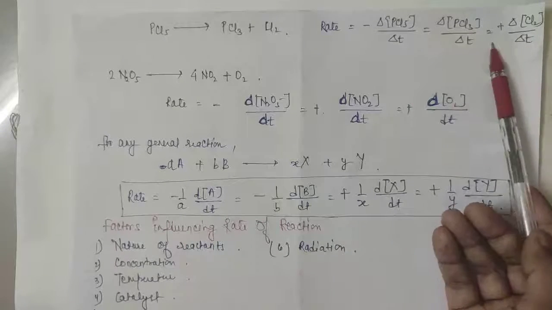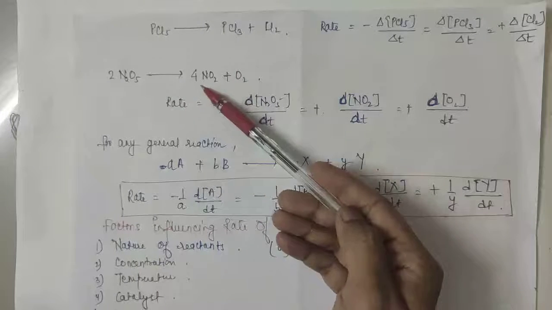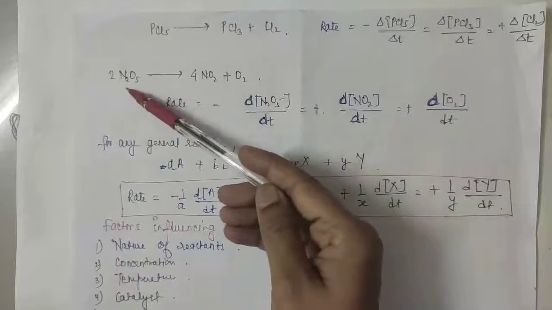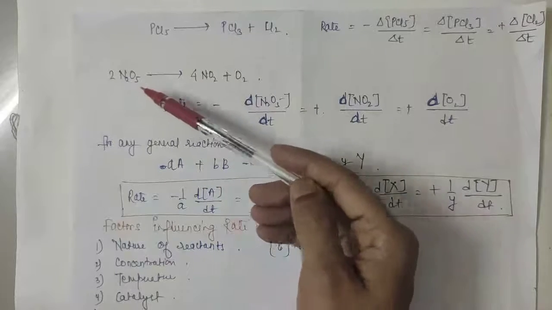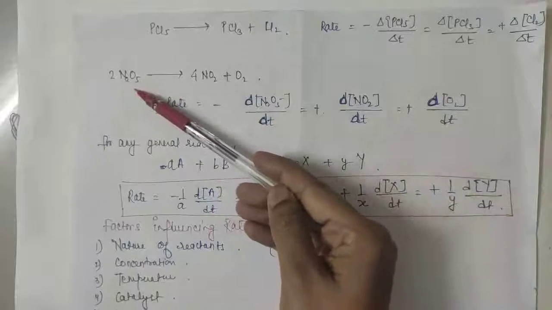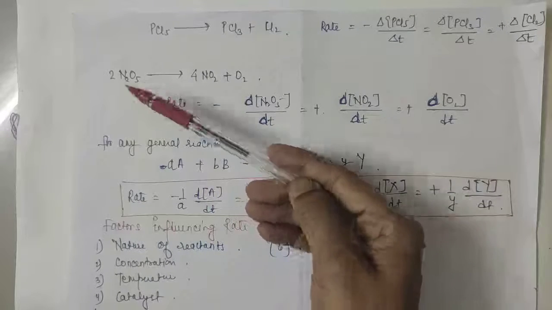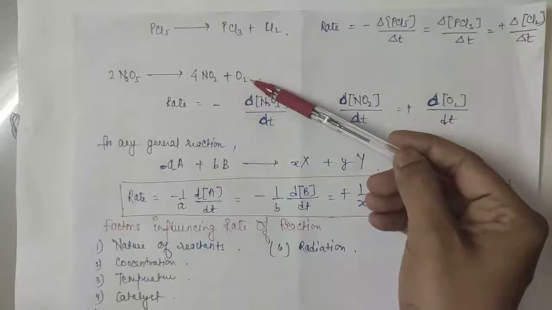Okay, all the rates will be equal. But consider this type of reaction, the decomposition of dinitrogen pentoxide. It decomposes to NO2 and O2. Here 2 moles of dinitrogen pentoxide give 4 moles of NO2 and 1 mole of O2.